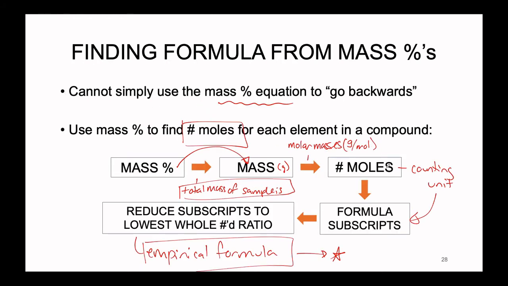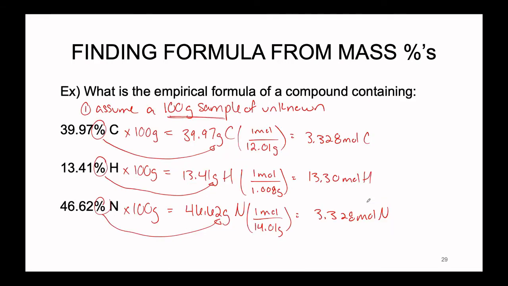And so for this reason, now that we are in the unit of the mole, which is a counting unit, we can just take that and drop it into the formula subscript of some type of chemical formula. We're going to take each of these numbers of moles and drop them into the subscript for our chemical formula. And this is going to look a little strange since we don't normally represent chemical formulas with decimals, but we have 3.328 moles of carbon.